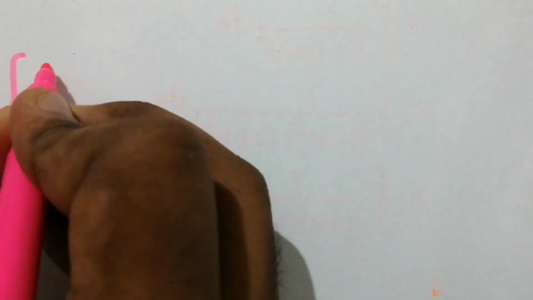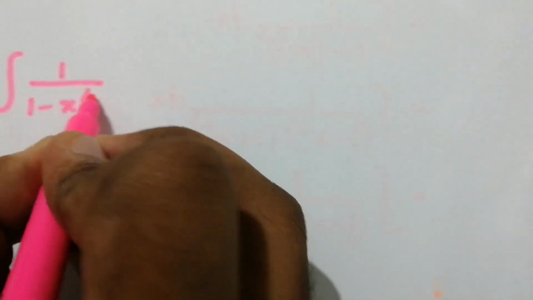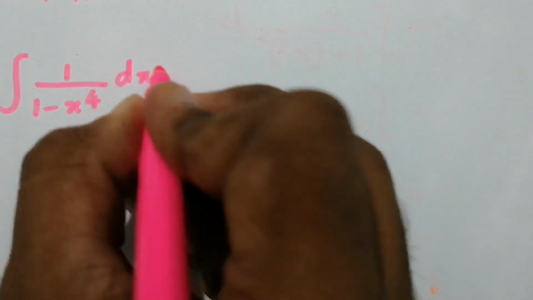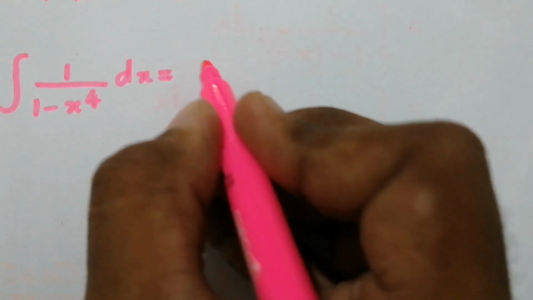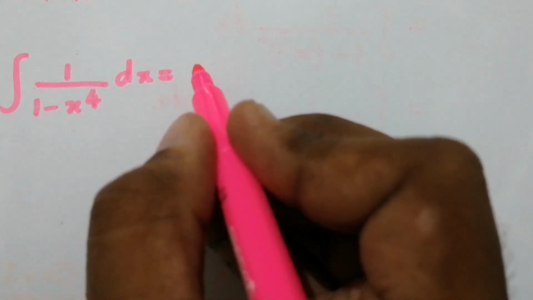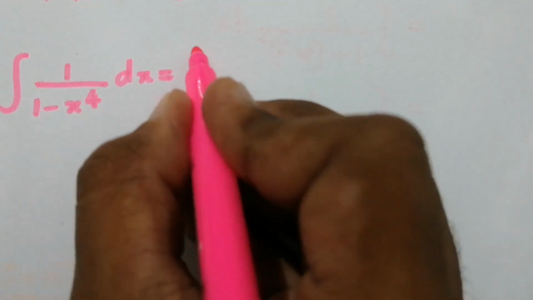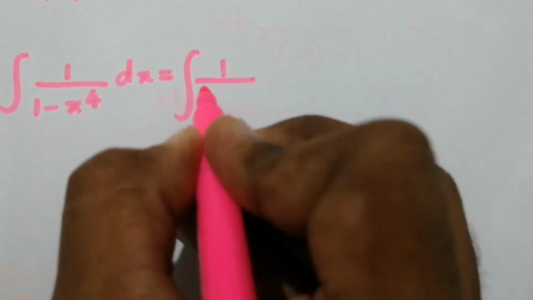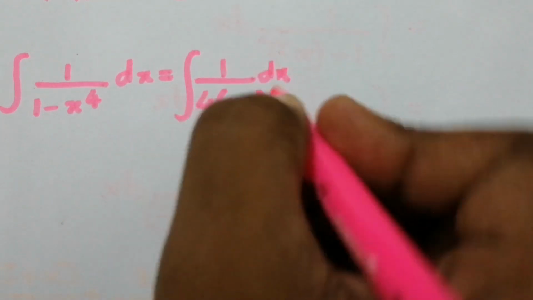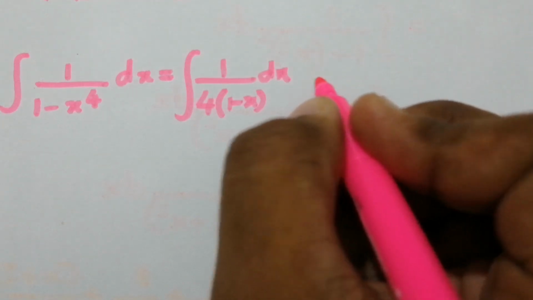Now we can write it as the integral of 1 upon 1 minus x to the power 4 dx equals, we have found that it is in the form integral a upon 1 minus x. We have found that a is 1 upon 4. Then you can write integral 1 upon 4 times 1 minus x dx plus b upon 1 plus x.